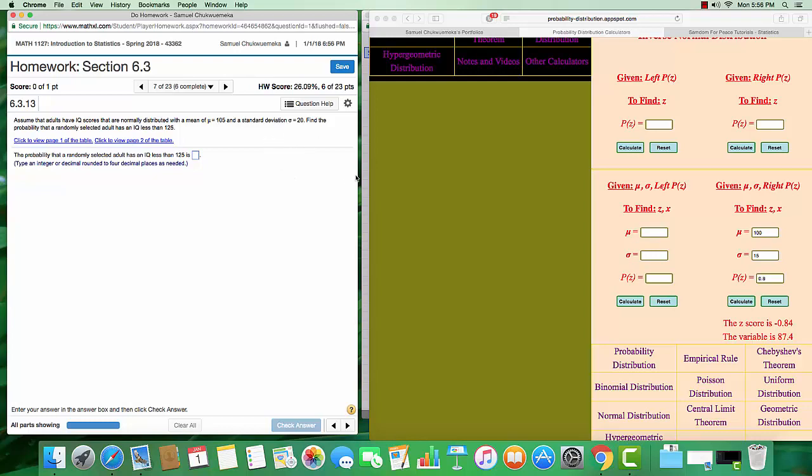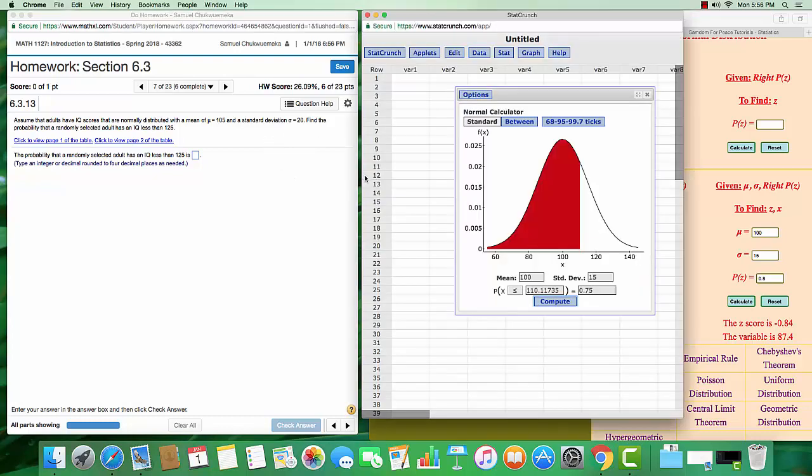Okay, StatCrunch turn. Assume that adults have IQ scores that are normally distributed with a mean of 105 and a standard deviation of 20. Find the probability that a randomly selected adult has an IQ less than 125. Okay, they're just asking you for probability.